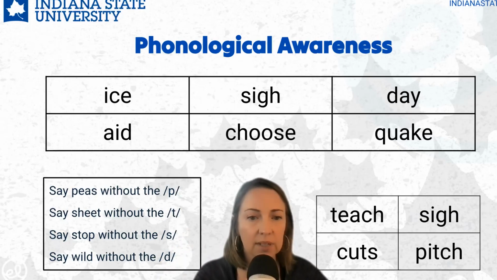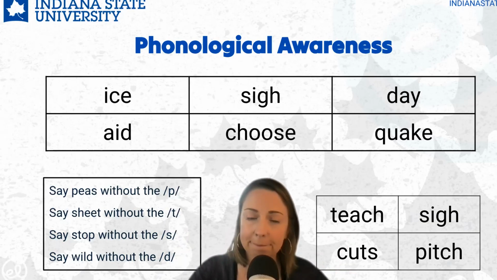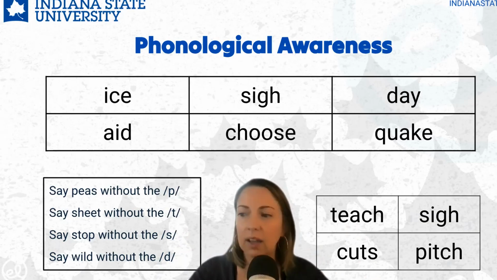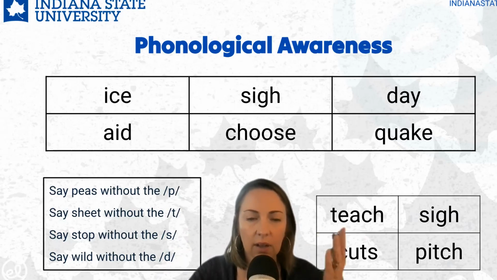So we're moving up in complexity, this left side of the box. Say peas without the p sound. Ease. Say sheet without the t sound. She. Say stop without the s sound.